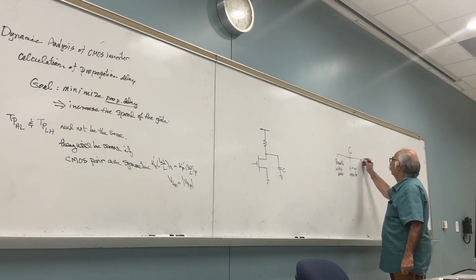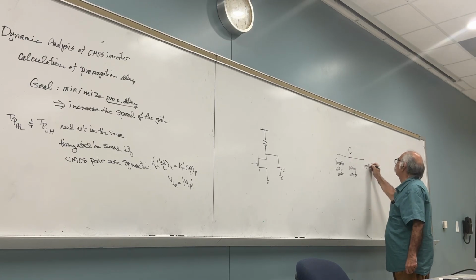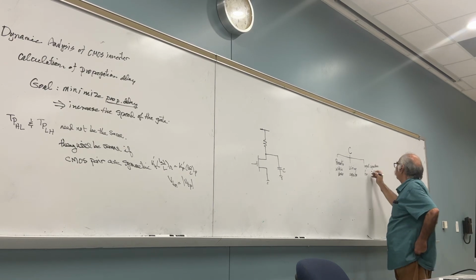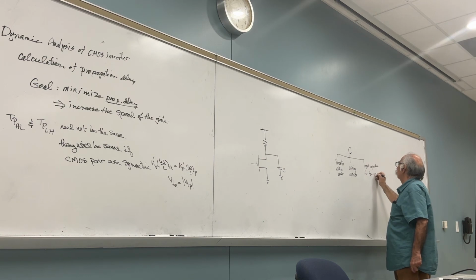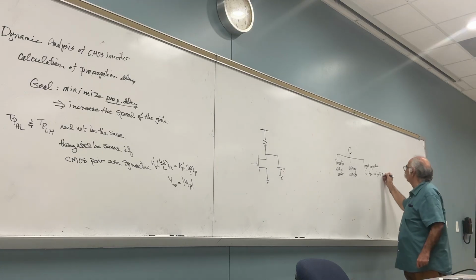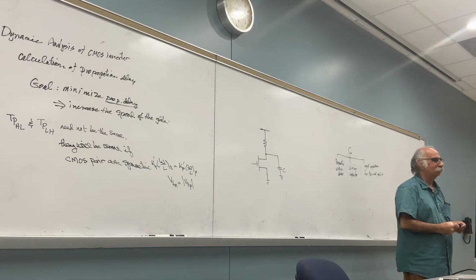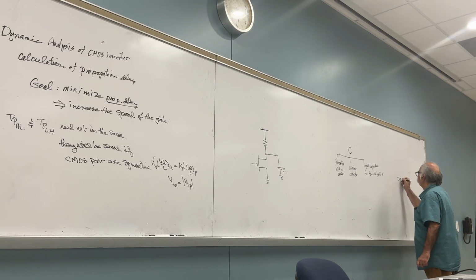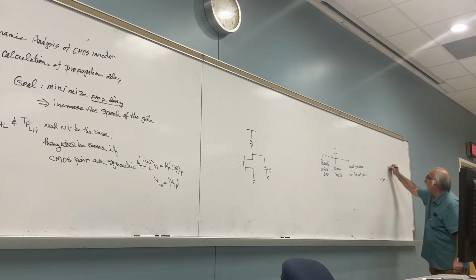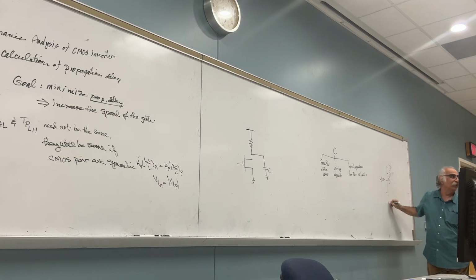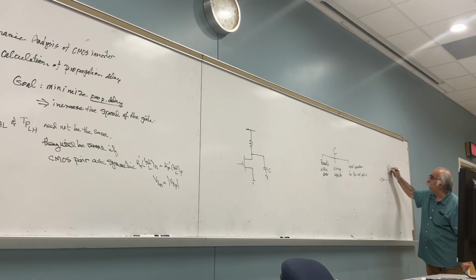And then input capacitance of the fan-out gates. What does fan out mean? I have an inverter. How many gates can it drive? Each one of them has an input capacitor.